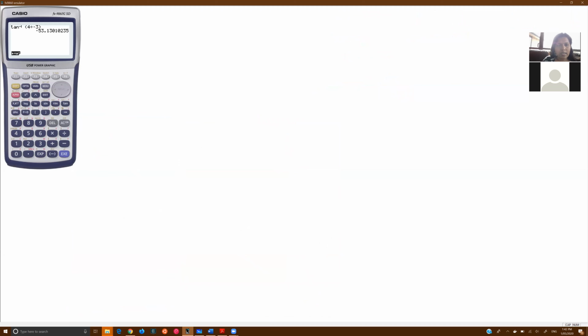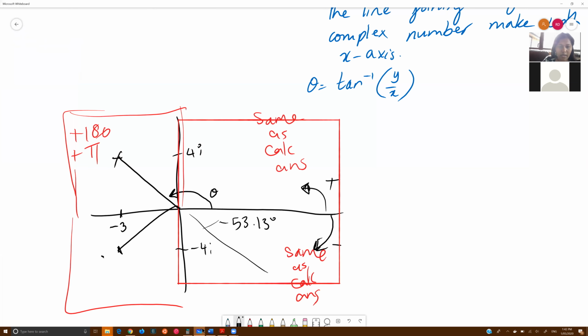So our y is negative 4 and our x is negative 3. Okay, and it gave me 53.13. So if I go back, it gave me an angle which is over here. But that's not what I want. What I want is this one here.